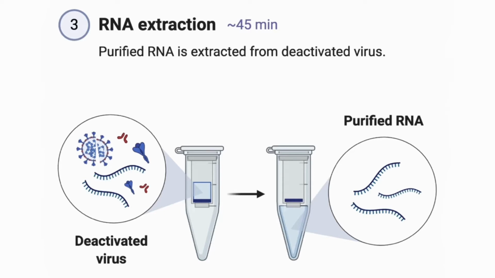So in this case, what we're doing is extracting the RNA only of the SARS-CoV-2 virus, and we are lysing, destroying other materials such as protein or any other human cells that cannot be processed in the PCR machine.